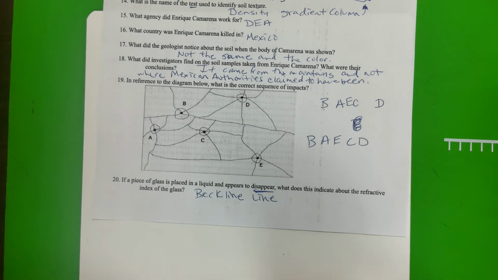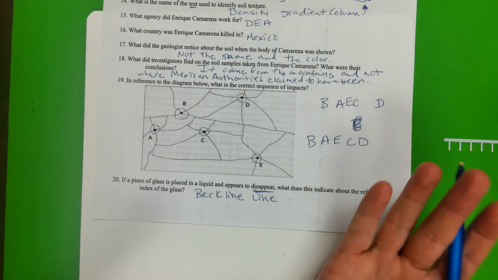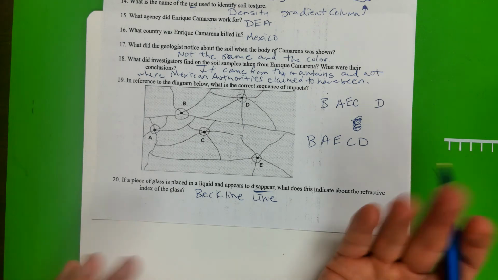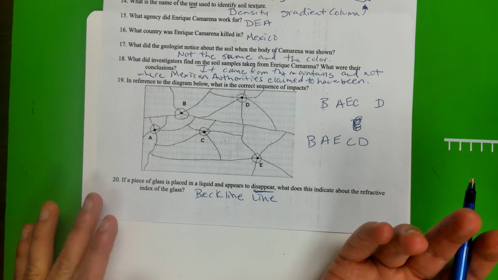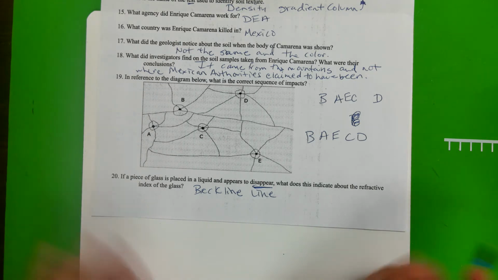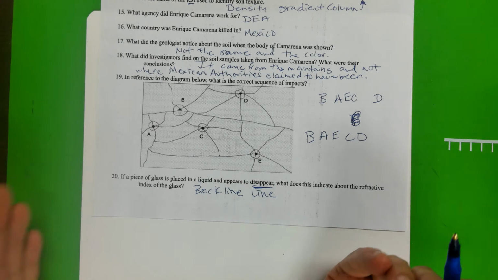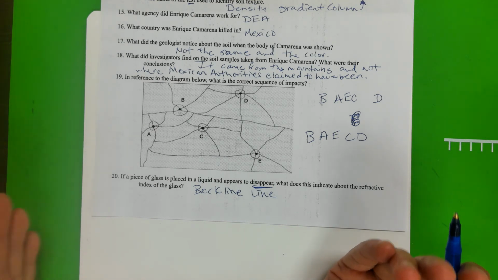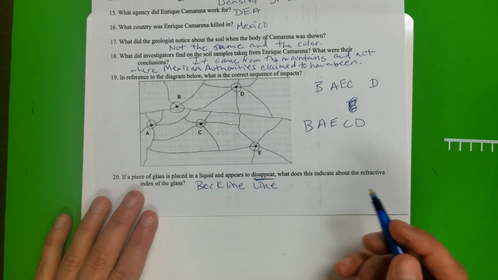They are both equal, so that's why you couldn't see it. You could only see the dust. Unfortunately, it was a little dirty. But the thing is that it disappeared, so that means both refractive indices are basically equal to each other.